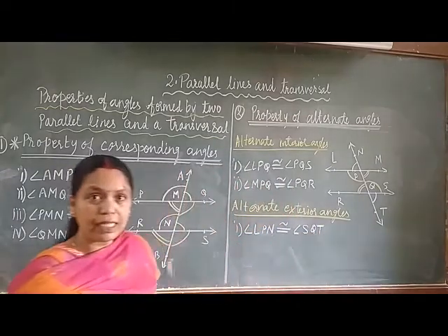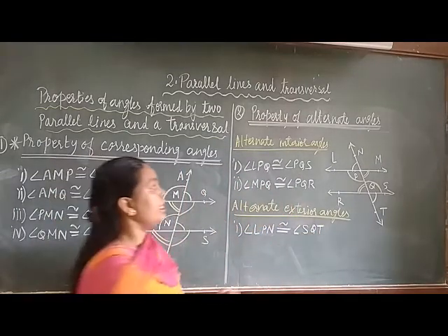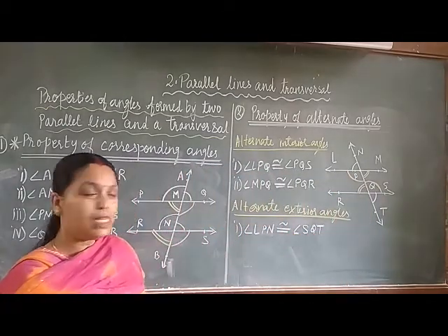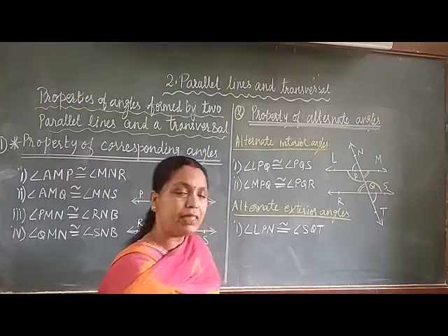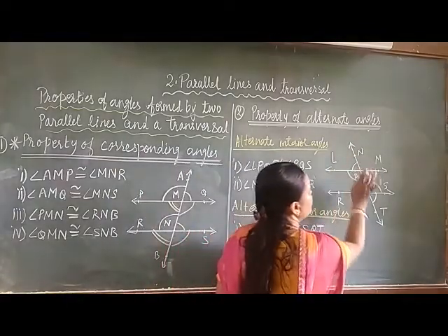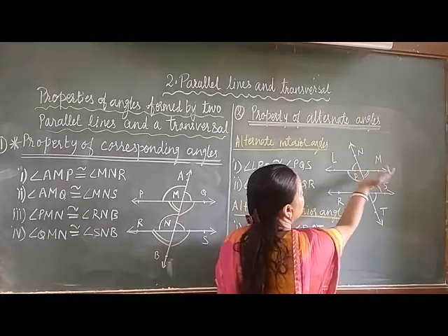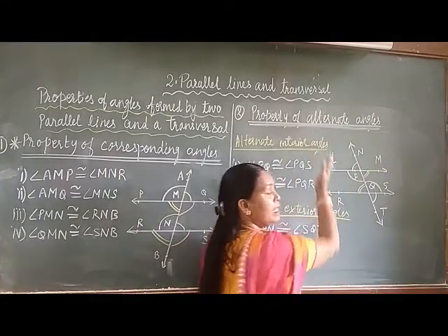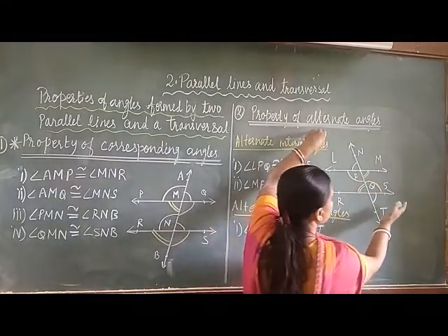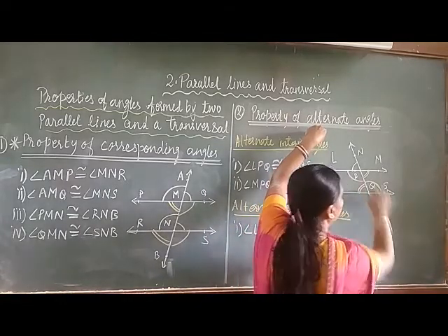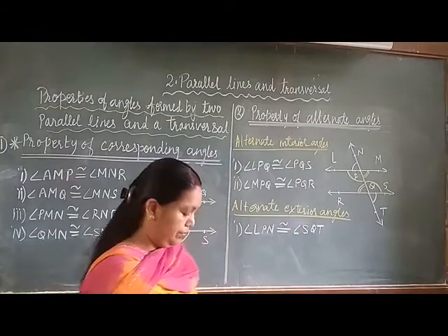Why are they alternate angles? Because they are on opposite sides of the transversal and the directions of these angles are also opposite. Like LPN is directed towards the left-hand side, whereas SQT is directed towards the right-hand side of the transversal.